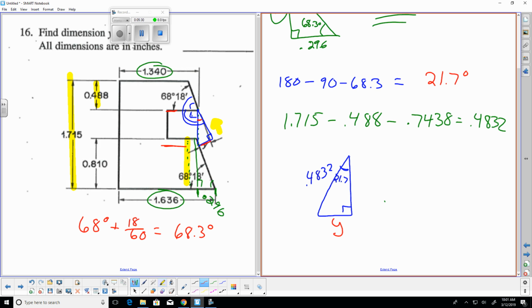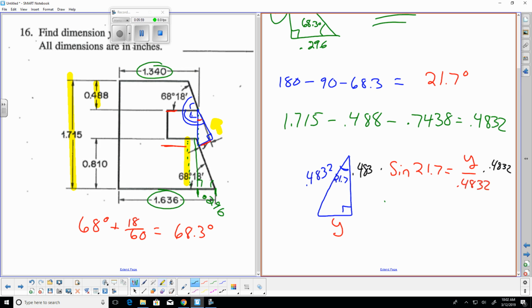Well, that looks like it's going to be a sine to me because you got the opposite and the hypotenuse. So you got sine of your angle, sine of 21.7 equals opposite, which is y, over hypotenuse, which is 0.4832. You got to multiply both sides by 0.4832.